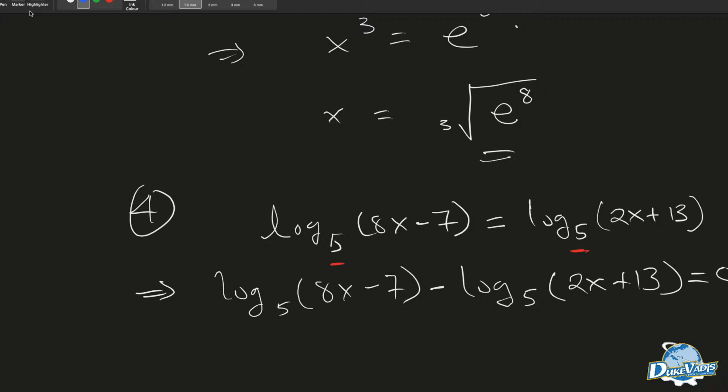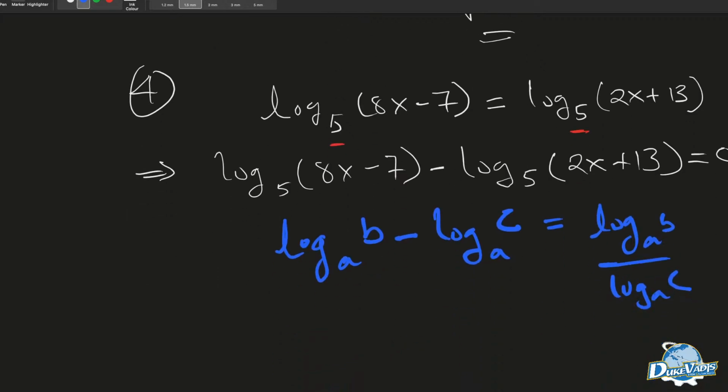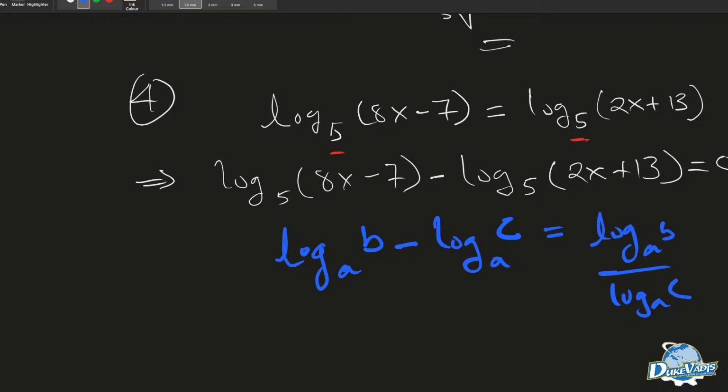Remember that if we have log a to b minus log a to c, we can say that it's log a to b divided by log a to c. Have you seen that? If we apply what we've written over here, our equation is going to be so easy since they are subtracting. Let's go back and see.